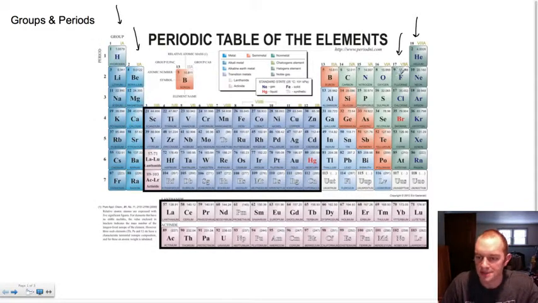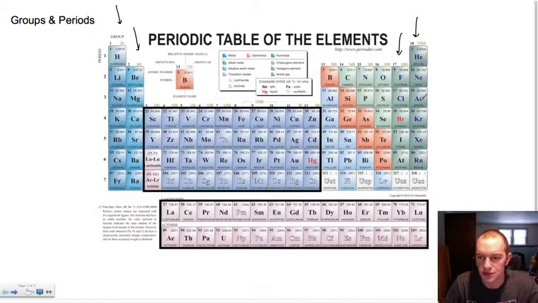The halogens are very reactive nonmetals, and the noble gases are non-reactive elements altogether. As we go across, we go from very reactive metal to very reactive nonmetal to non-reactive nonmetal called a noble gas.